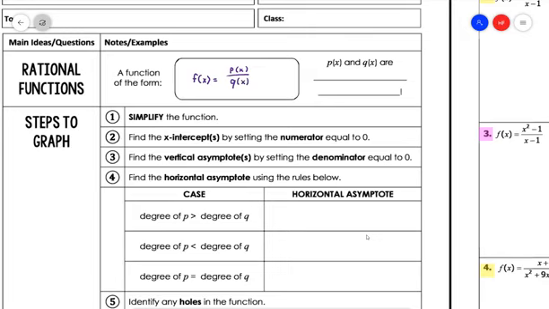So we're dealing with this fraction, and p of x and q of x are polynomials. But q of x cannot equal 0, so we can't just have a 0 on the denominator, which we know we can't divide by a 0. So that's the only restriction we have on that denominator.